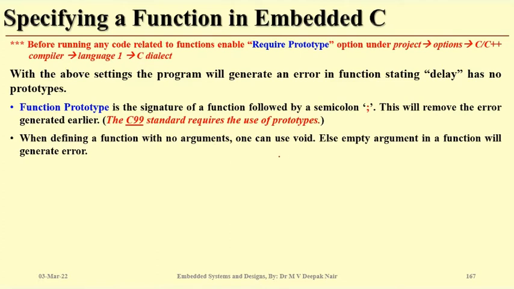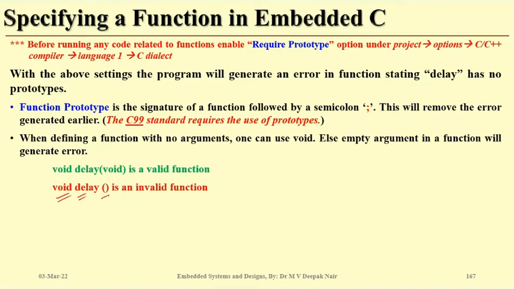When defining a function with no arguments, please use void. For example, void delay(void): the name of the function is delay, and void means there are no arguments for this function. Rather than using this kind of approach, void delay with empty brackets, this is not valid.